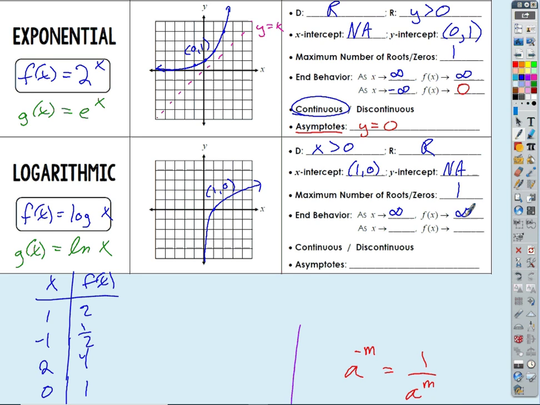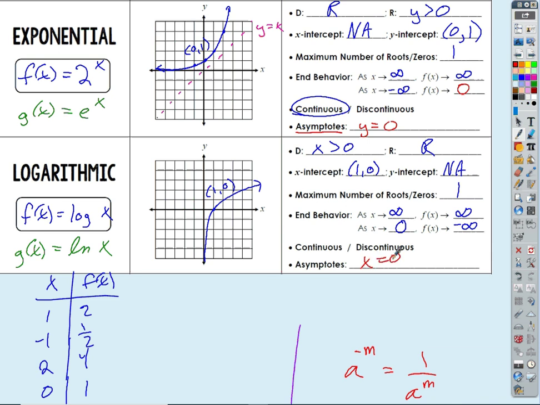We can't go to negative infinity. What's the smallest value of x that we could approach? 0. Okay. As x approaches 0, what would f of x approach? Aha. There we go. Make sense? And in this case, the asymptote is going to be x equals 0.